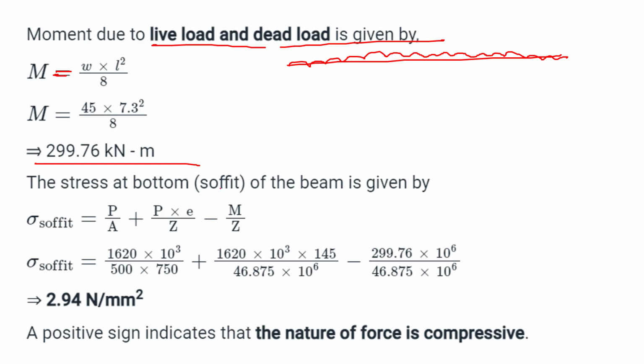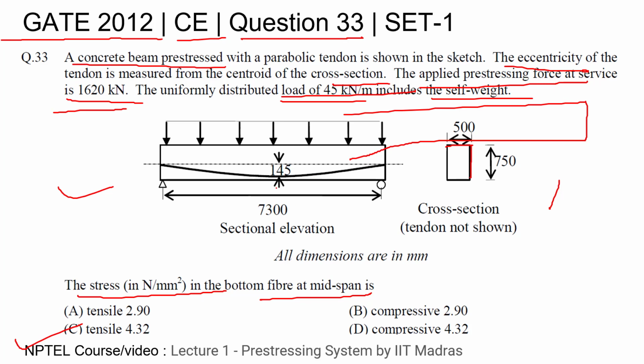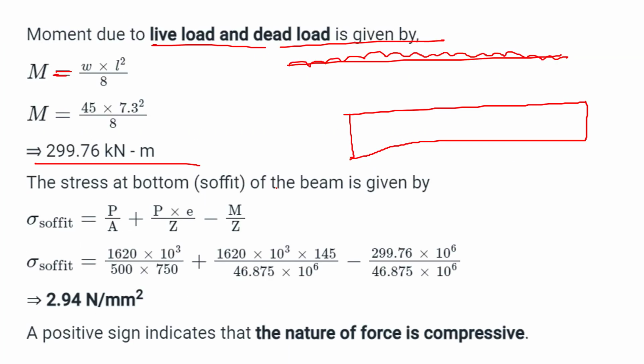The stress at the bottom soffit of the beam is given by, stress at bottom will be P by A plus P into e by Z minus M by Z. So this is the beam, or we can refer to this diagram. He is asking the stress at the bottom soffit.